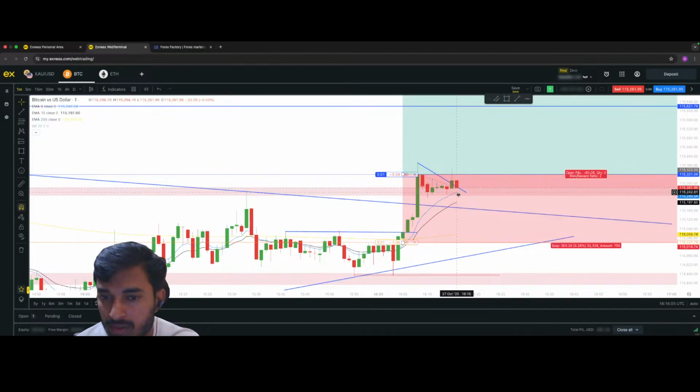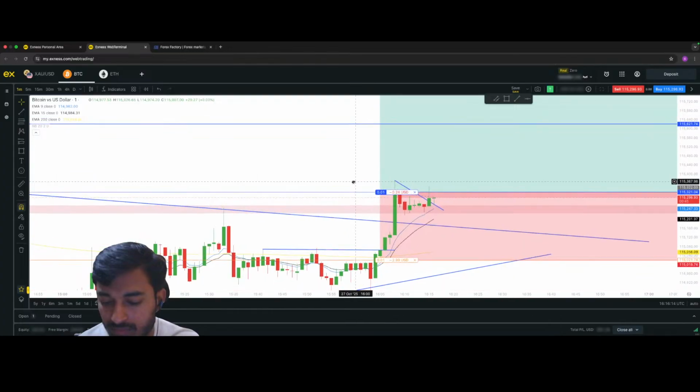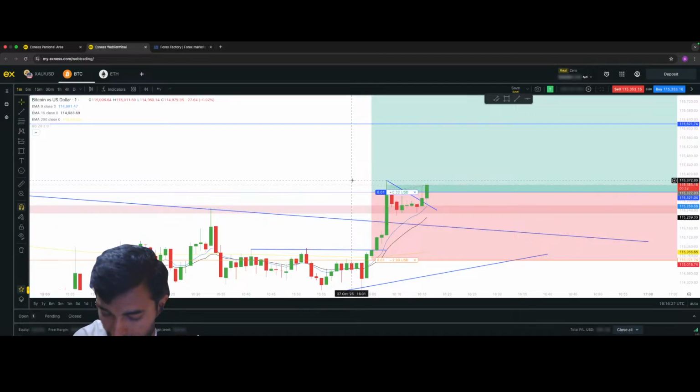If it comes down also, it will take support over here. Yes, now it is going up.